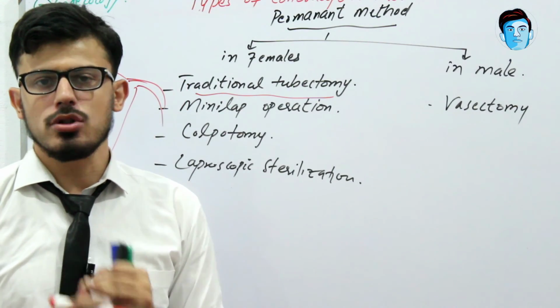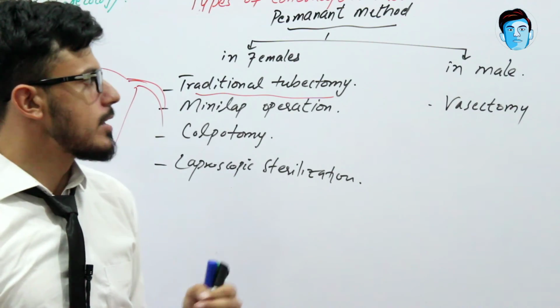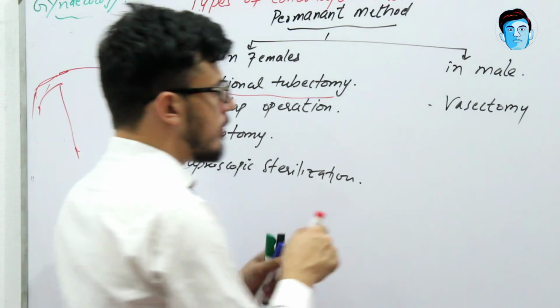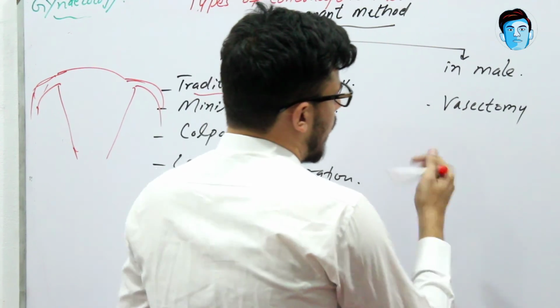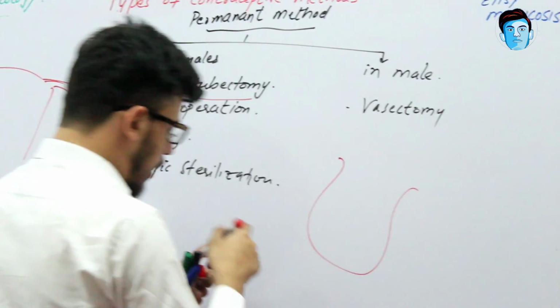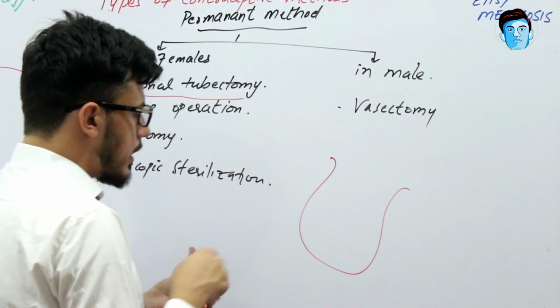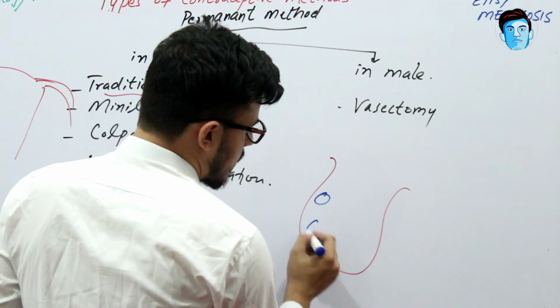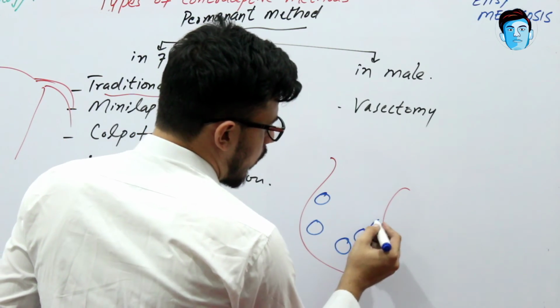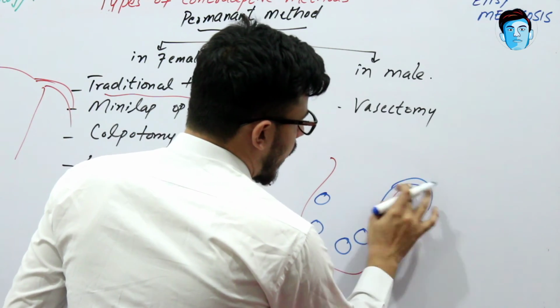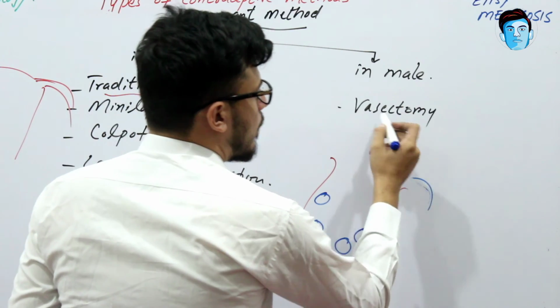While in vasectomy we cut the vas deferens and ligate those parts. Let's suppose this is a scrotum. In the scrotum there are testes and these are the vas deferens. What happens in vasectomy?